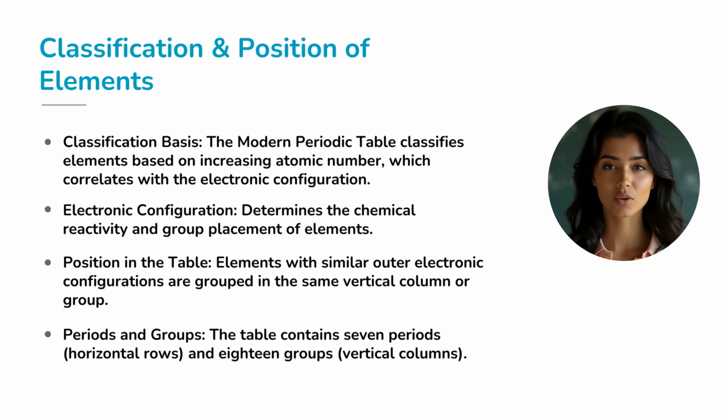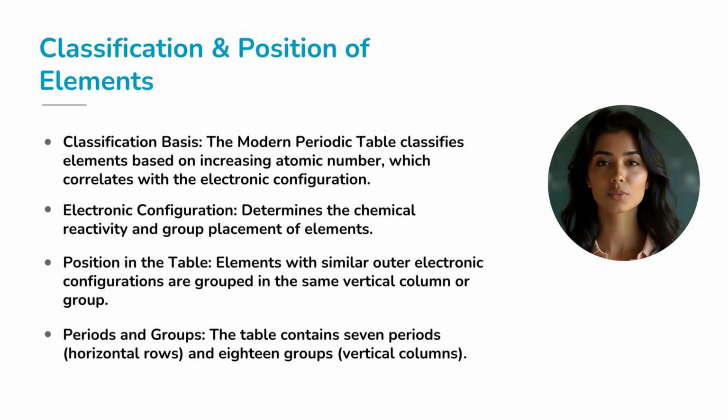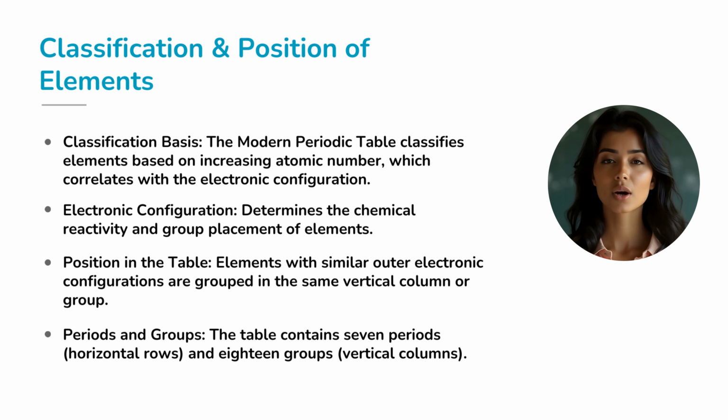Let's dive into how elements are arranged in this modern layout. The basis of classification today is the atomic number, and this aligns beautifully with an element's electronic configuration, that is, how electrons are distributed across its shells. This electronic arrangement determines both chemical reactivity and position in the periodic table.